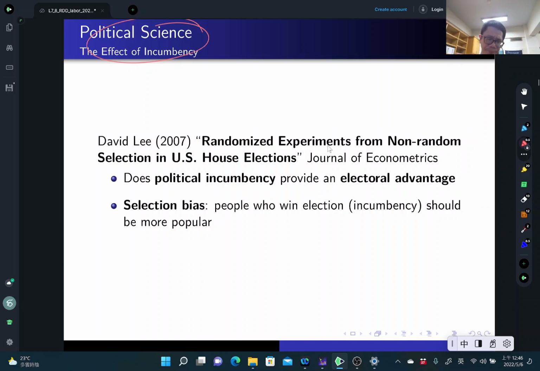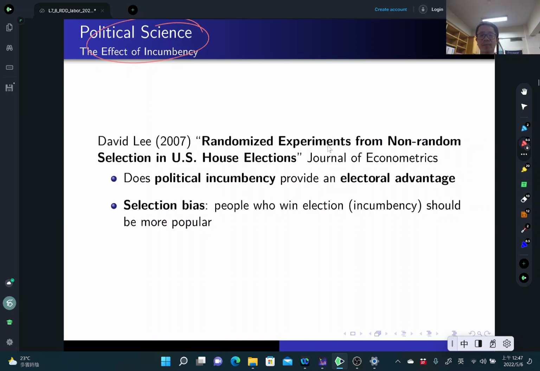They want to know whether those who are in positions are more likely to be elected next time, because they can use their administrative advantage or administrative resources to win the next election compared to the people who lost the last election.